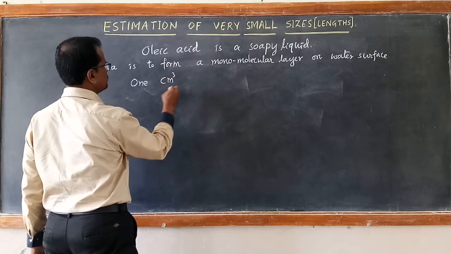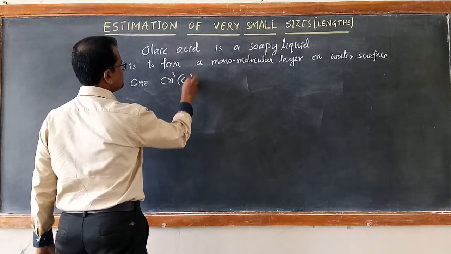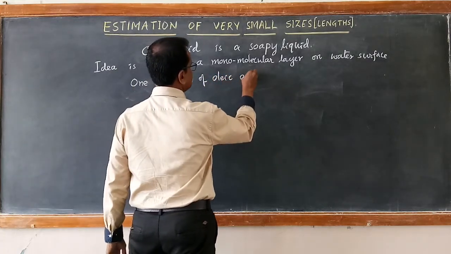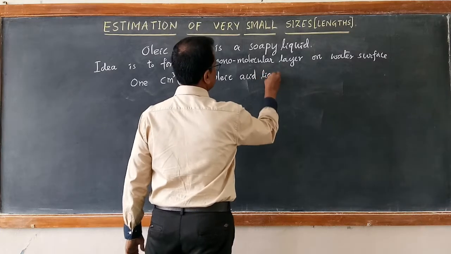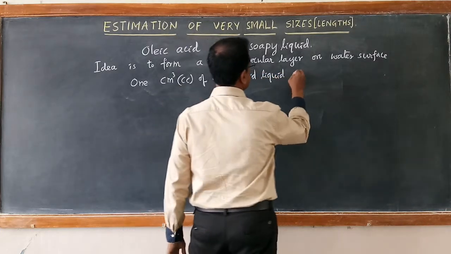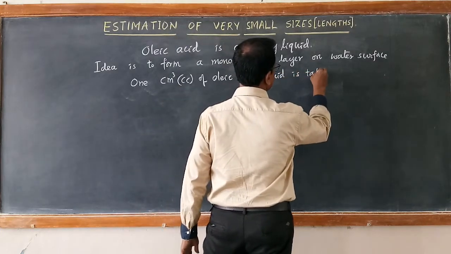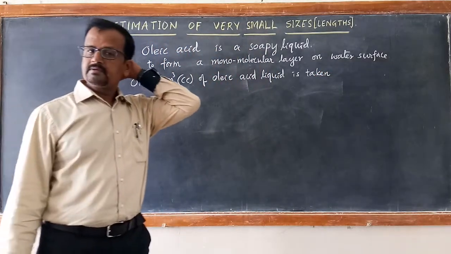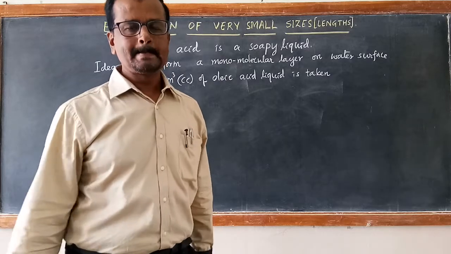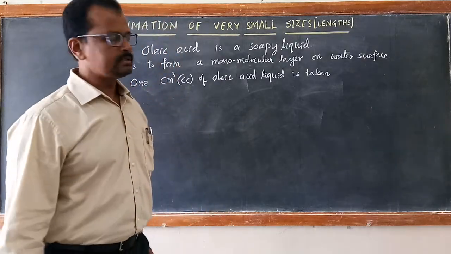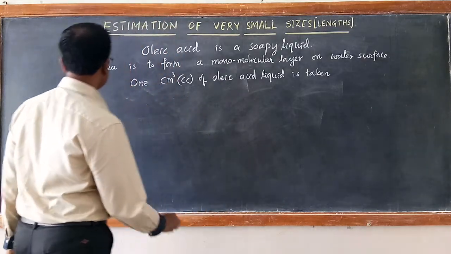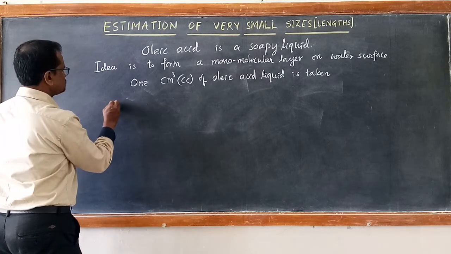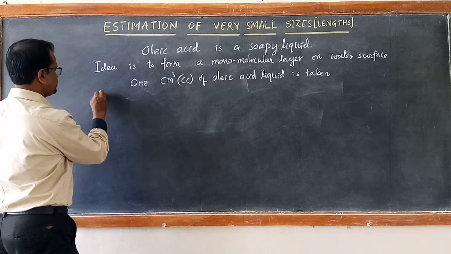One centimeter cube means 1 cc of oleic acid liquid is taken, and then it is added in alcohol. How much alcohol is taken? You see here. I will just roughly draw.